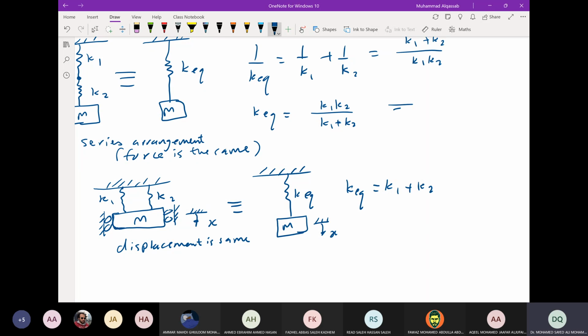And then, of course, you can get omega n is the square root of K equivalent over M. And the same thing you can do here. Omega n is the square root of K equivalent over M.